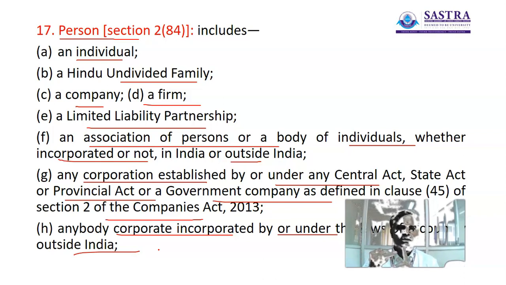So, an individual, a family, a company, a firm, a limited liability partnership, an association of persons, or a body of individuals, whether incorporated or not, in India or outside India, any corporation established by or under any Act, they are called what? Persons. Okay.